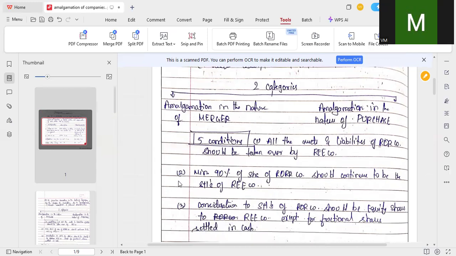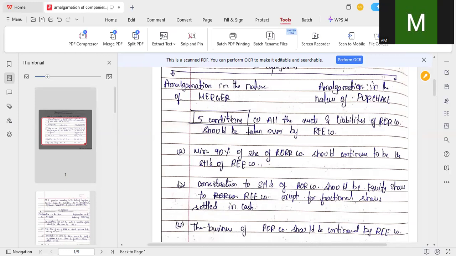To satisfy amalgamation in the nature of merger, there are five conditions. That is, all the assets and liabilities of the transferor company to be taken over by the transferee company. Then minimum 90% of the shareholders of the transferor company should become shareholders of the transferee company. Then consideration to the shareholders of the transferor company should be given in the form of equity shares by the transferee company, except for fractional shares settled in cash.